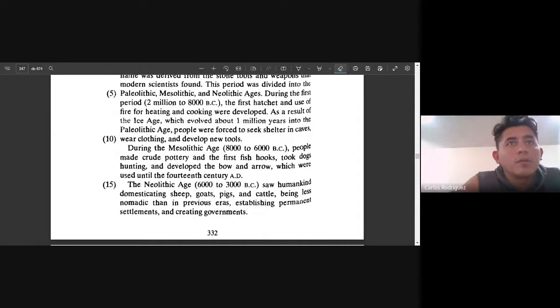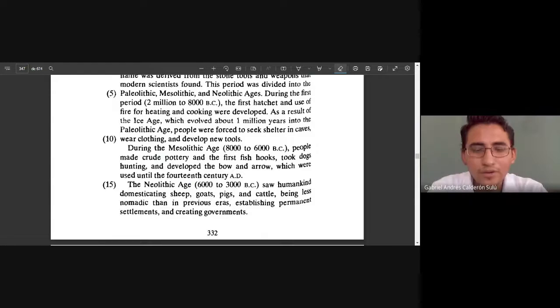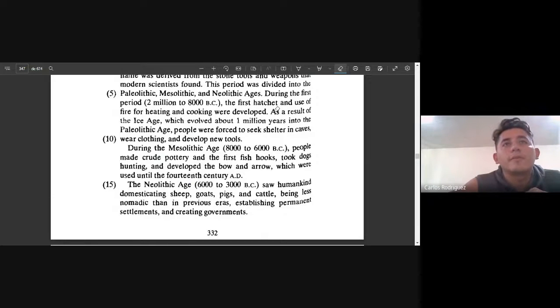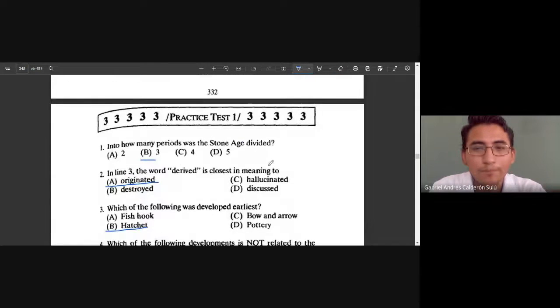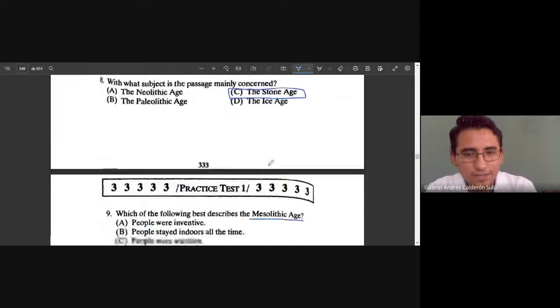Is when the people create the tools or the weapons to go hunt, arrow, bow. Okay, now let's read the options and compare your idea with the options that are here.